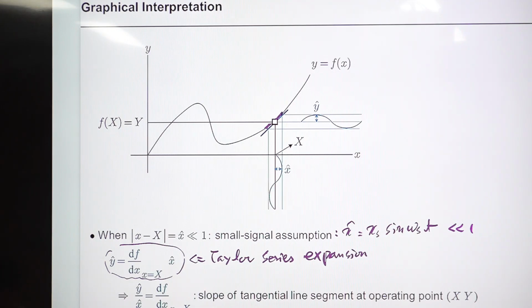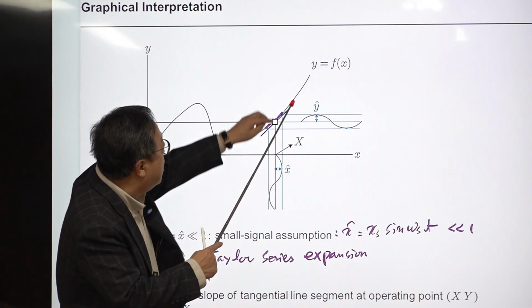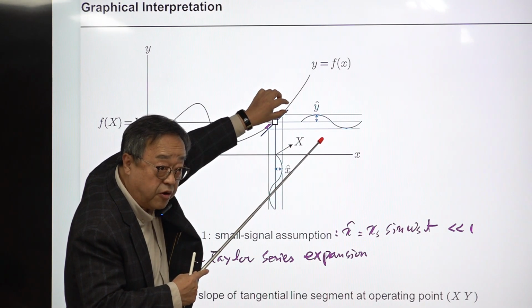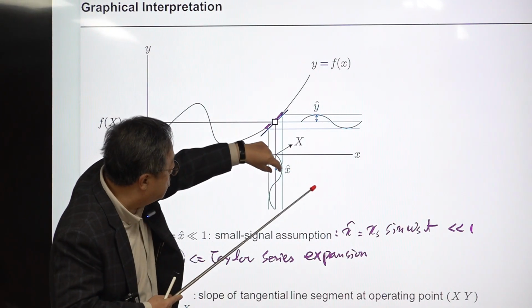The truncated Taylor series expansion and this one are exactly the same idea. All right, so x hat should be very small, because if it is very large, the value you obtain and this value will be different. So to secure the accuracy, this should be very small.